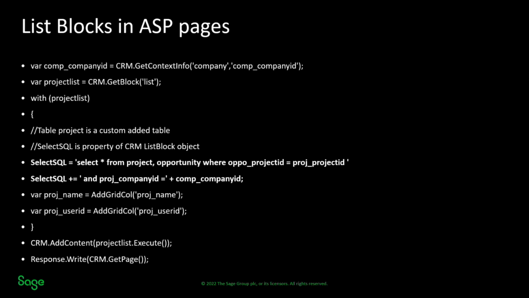But to a certain extent, it doesn't matter, because if I do that, I think I'm writing select star from, in this case, project opportunity where, and then I've got a join to join the opportunity and the custom entity of the project, and I've got the contextual information defined here. You think that that's what I'm writing, and only that. But what will happen is Sage CRM will recognize that there are two entities involved in this.